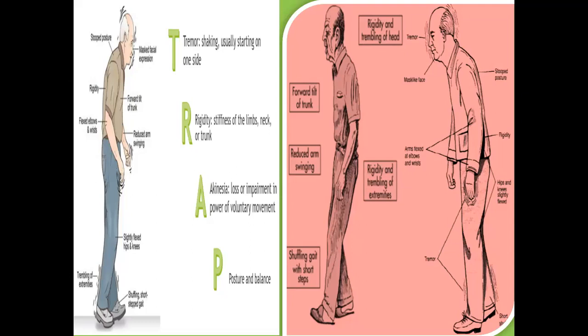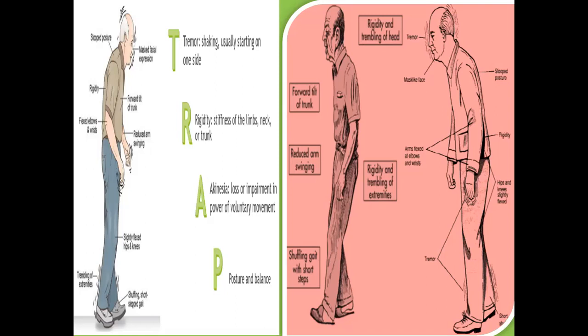There is rigidity and trembling in the upper extremity, and tremor in the lower extremity. The arms are flexed at the elbow and wrist, with a masked face and stooped posture. Tremor also occurs in the face, in the chin and jaw, and generally in the back of the head as well.